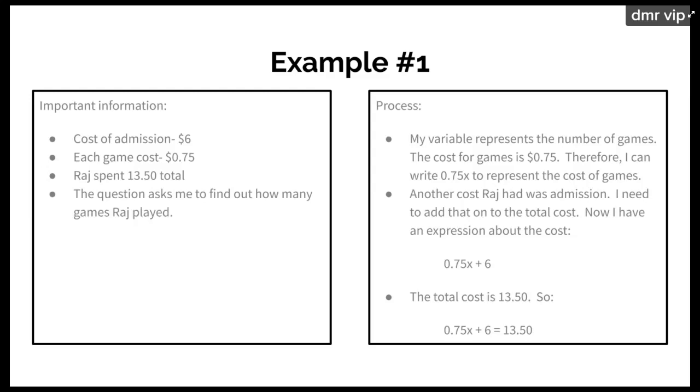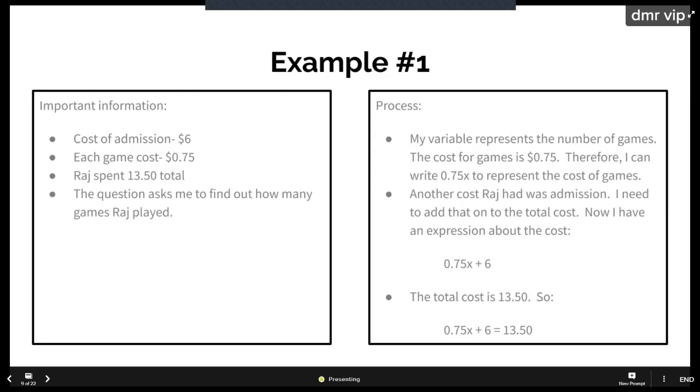And you know that the total amount of money he spent was $13.50. So 0.75x plus 6 equals $13.50. $13.50 is the amount of money he spent. The amount of money he spent is also 0.75x plus 6. They're both the same thing. So hopefully that helps it make sense.